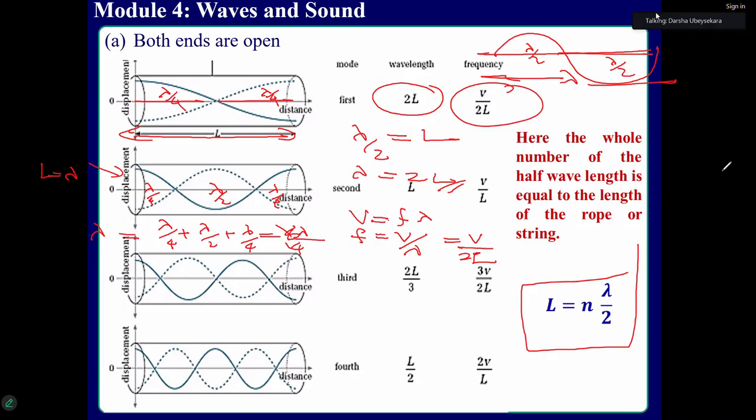You have done this practical, no? Normally you take a cylinder, a measuring cylinder or something, and fill it with water. Then you put one tube inside.